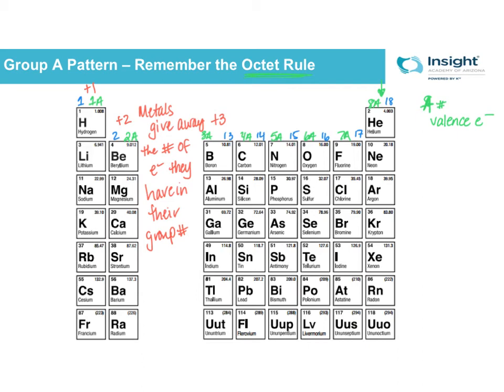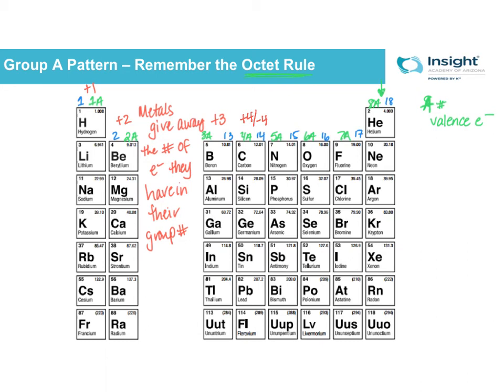And then that's where that kind of rule falls apart. Group 4A has kind of the ability to do either or. And honestly, these guys tend to be more involved in covalent bonding, which we'll talk about after ionic bonding. And then when you get to group 5A and on, it's easier for them to just take on extra electrons.